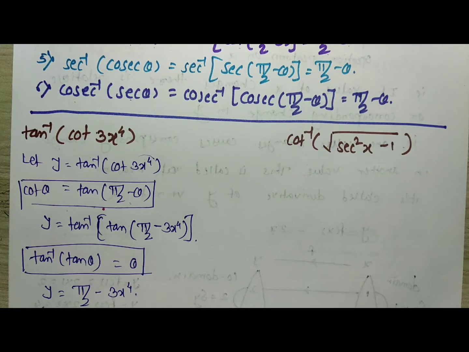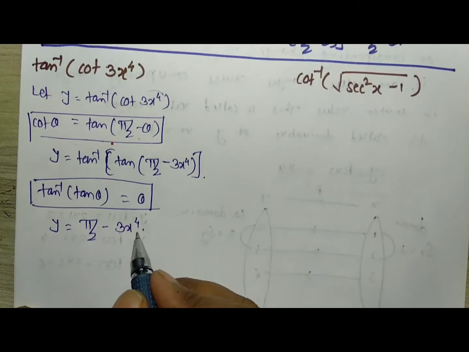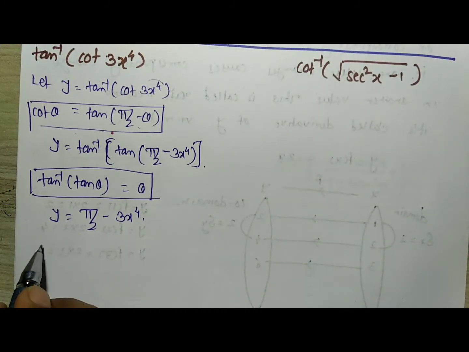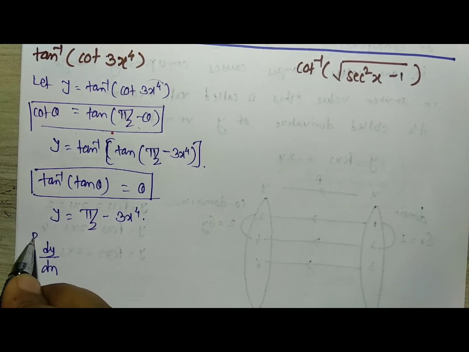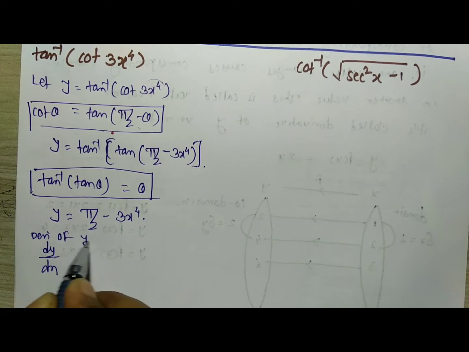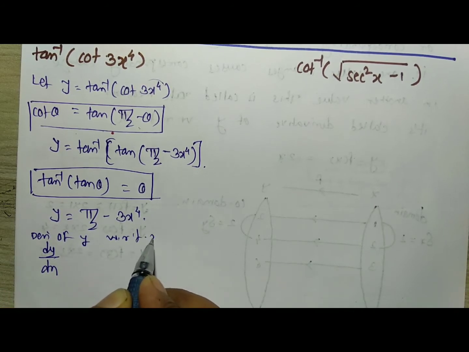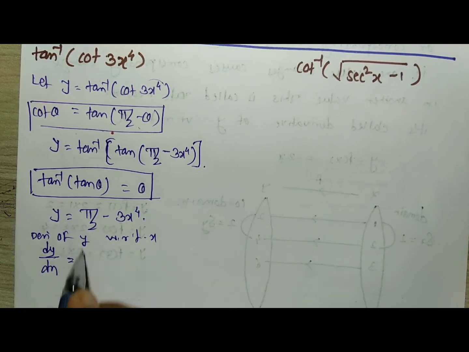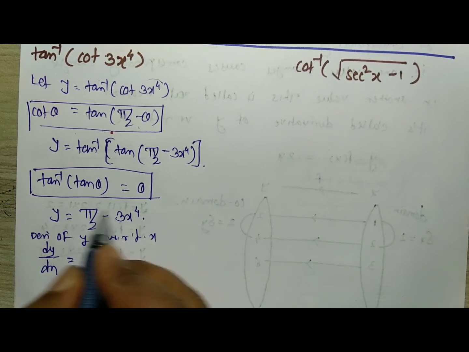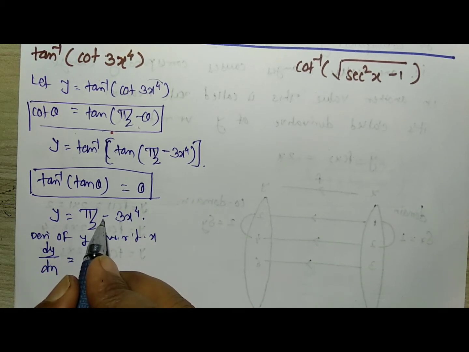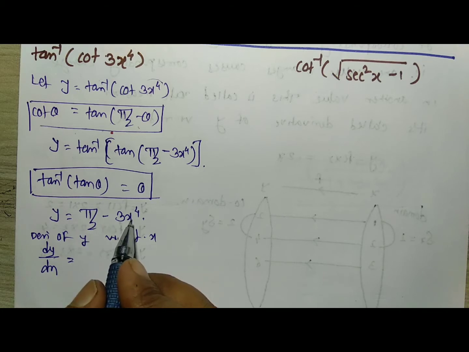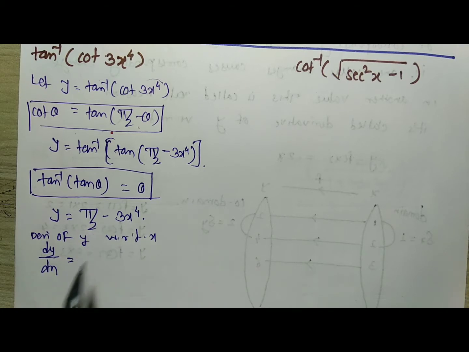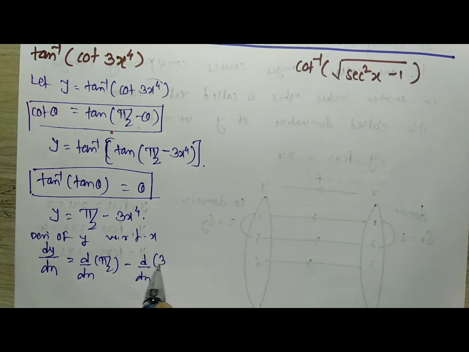Now y is a function of x, and therefore the derivative of y with respect to x is dy by dx. These are two different functions with subtraction, so we will use the algebra of derivatives: dy by dx is equal to d by dx of pi by 2 minus d by dx of 3x raised to 4.